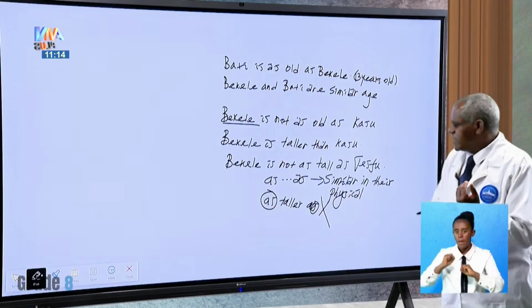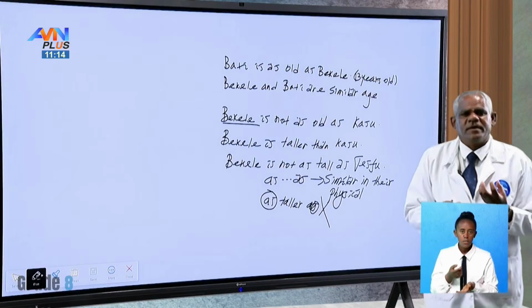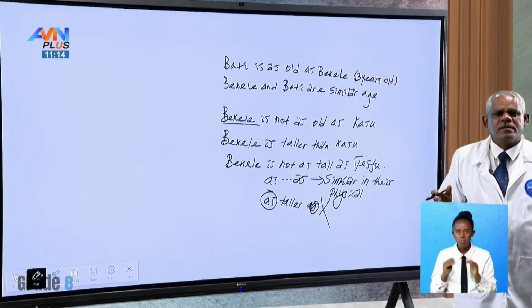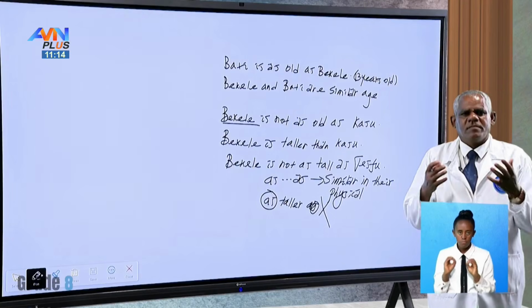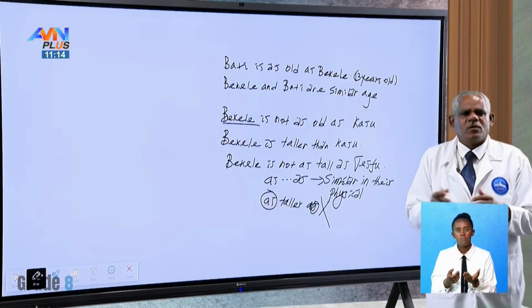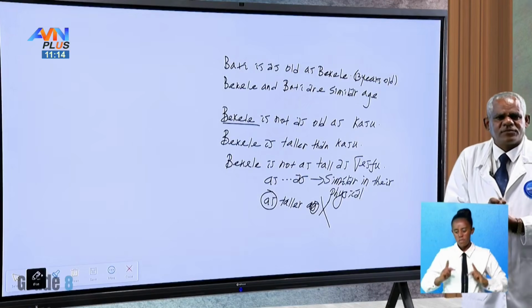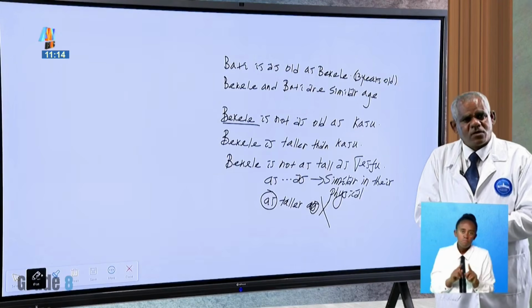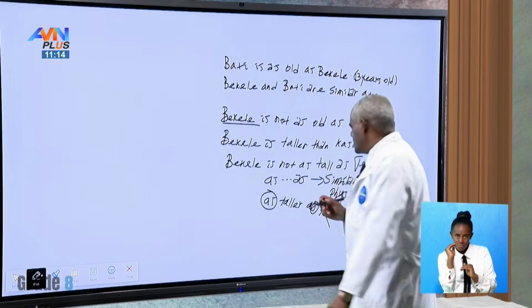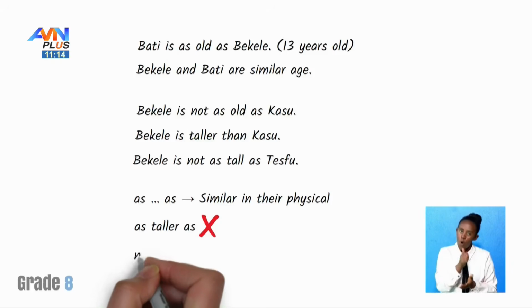The other thing that you have to bear in mind is that when people are different in their structure, in their physical fitness, in their manner, in their performance in academics, in their physical fitness, etc., if they are not equal, don't forget that "not as" is possible. That means "not as... as".